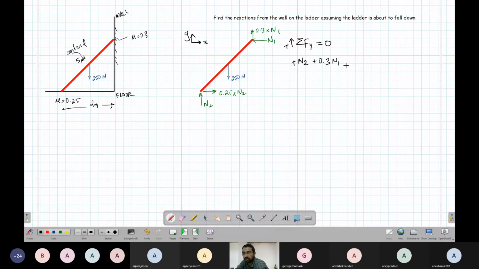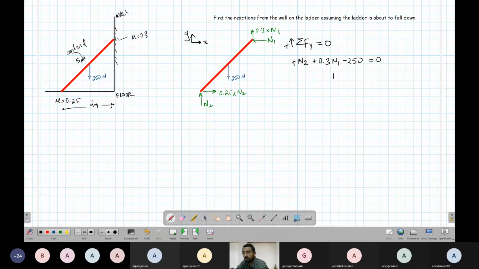Any other forces? Here there is only one force. This is my downward force. Yeah, sorry, so minus 250 equal to 0. Right, so this is my first equation.